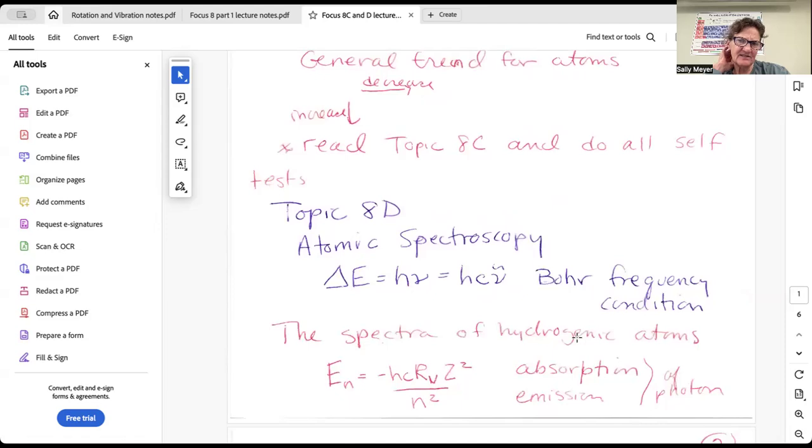Topic 8D starts us thinking more about spectroscopy. So how do you actually get information from spectroscopic data? So this is slightly new, maybe, so we'll go through it together.